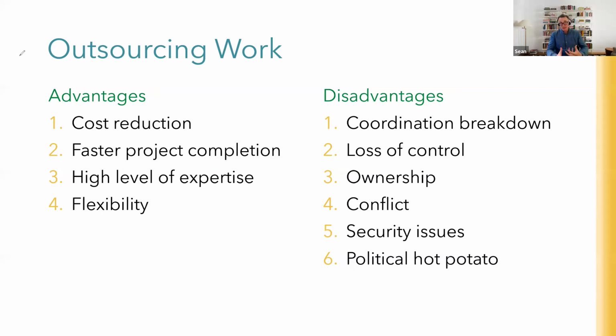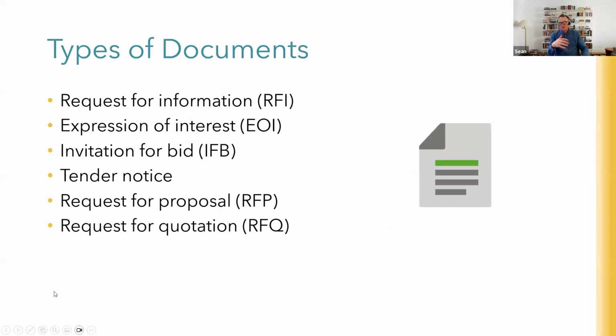So you've made the decision now to go out to the market and get goods or services from the market. So there's a series of processes that you'll go through. These are some terms that are generally understood internationally. They may be slightly different in the country that you're working in, but generally speaking, at the top we have the RFI and the EOI, the request for information and the expression of interest.